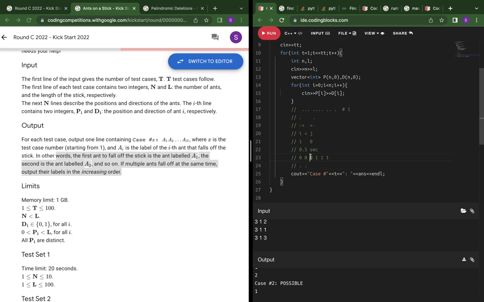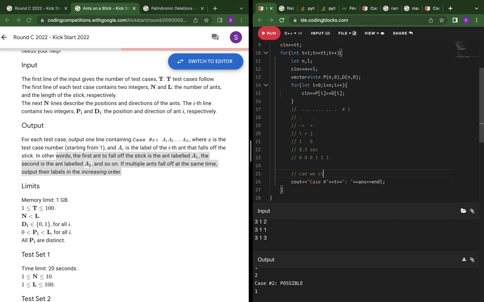And also these are moving in the opposite direction, so they won't crash either. This is another observation.